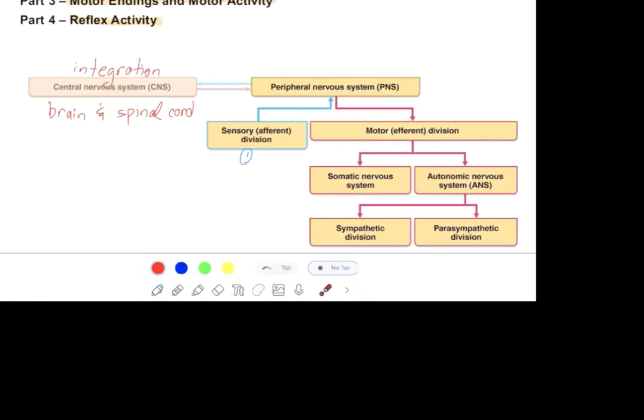Once those decisions are made, then the efferent information is going to travel out through the peripheral nervous system to either the somatic nervous system, which is voluntary, or the autonomic nervous system, which is involuntary.